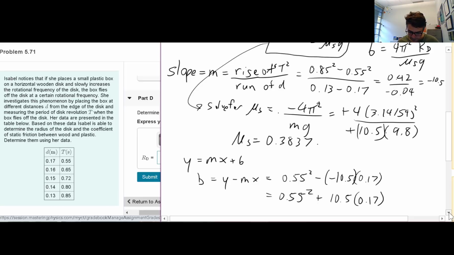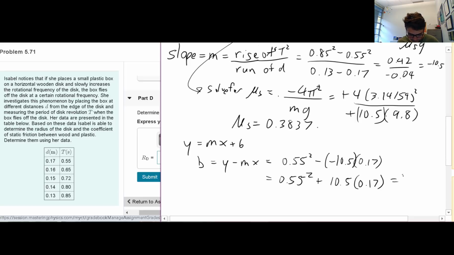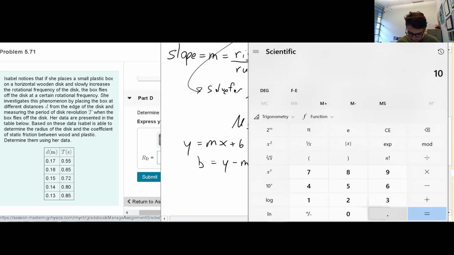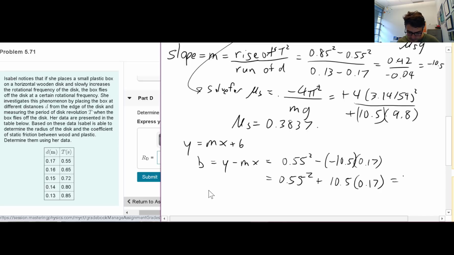And that'll be your value of b. Let's just work that out. 10.5 times 0.17 equals plus 0.55 squared equals. So it's 2.088.